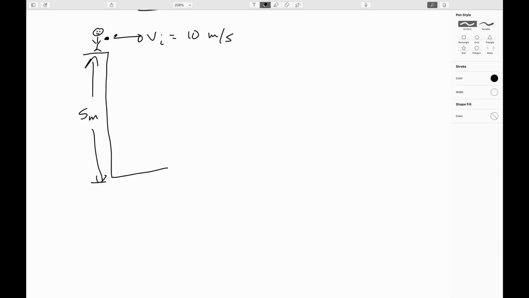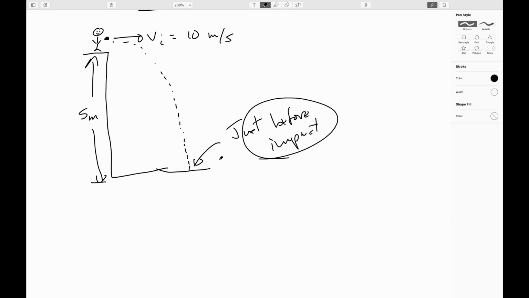Now, we've seen earlier that the rock is going to follow some sort of parabolic trajectory. And what we want to know is just before impact, what was the final speed of the rock? Notice I'm not asking what the velocity is, just the final speed. But sometimes that's all we need to know.